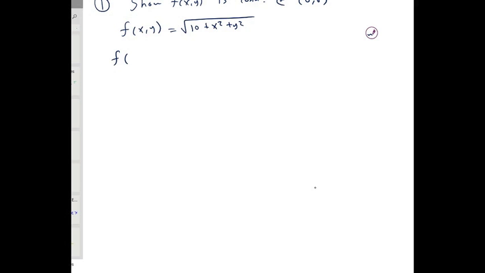So, first condition is f is defined at that point, so f of 0, 0 is square root of 10 plus 0 squared plus 0 squared, which is just square root of 10.